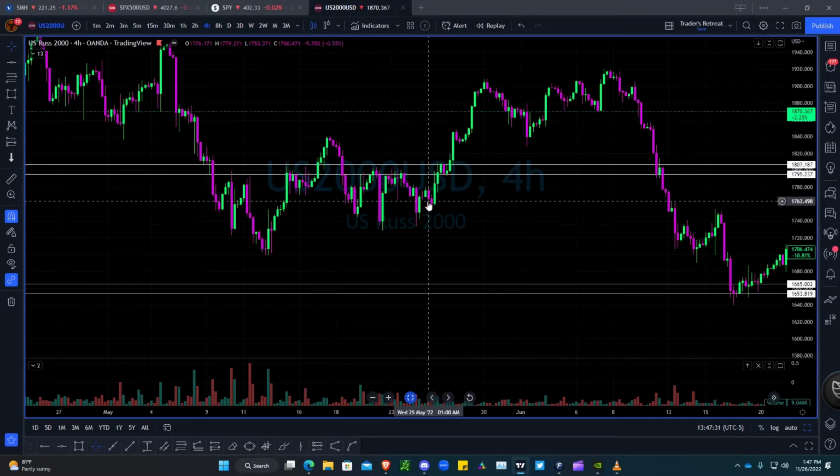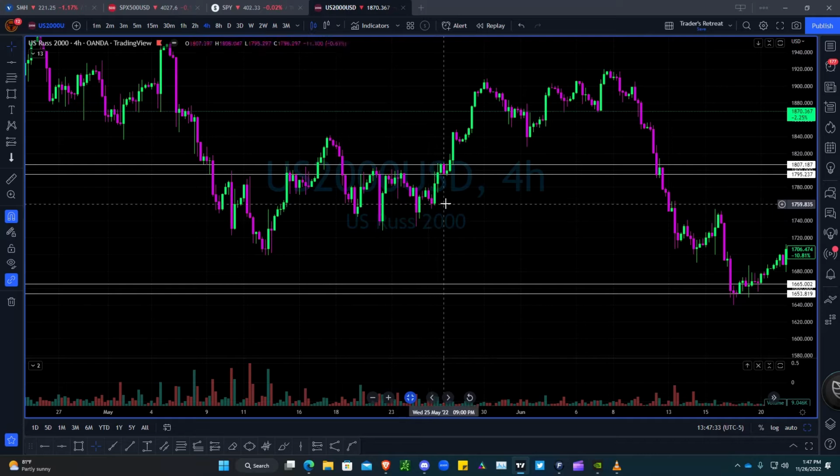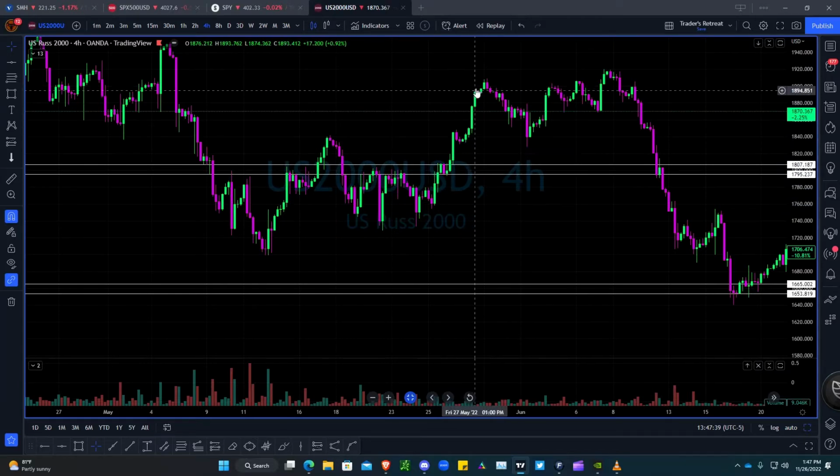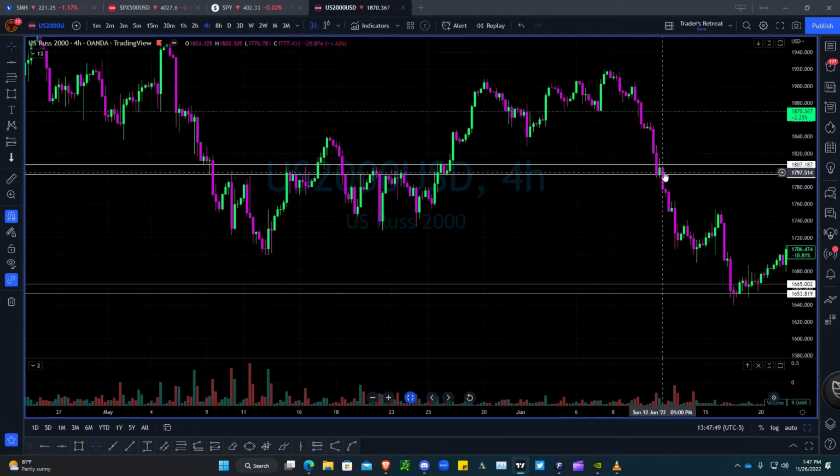But really, think about what price is doing here. This is a 4 hour chart, so these are 4 hour candles. But it ran, right? It's running all the way up. Now, on the way there, there was a 4 hour session, half of a day session, that pulled back and consolidated. And we see that here as well.